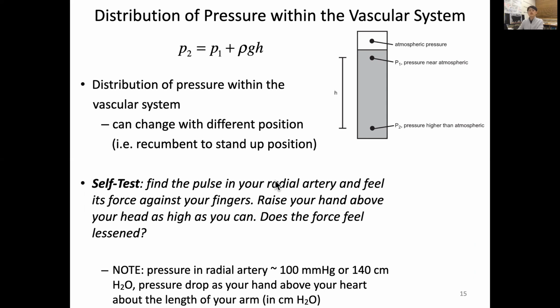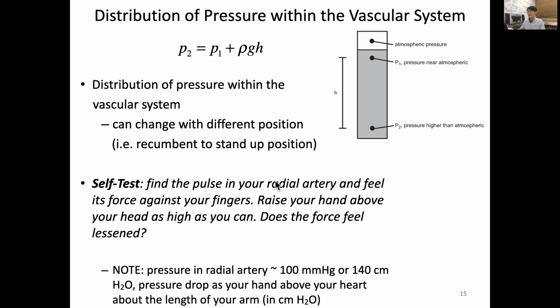Feel this pulse, and then try to raise your hand very high, like a meter high, and then feel the pulse, and then come back down. If you're sensitive enough, you may feel that the pulse is different. When you raise it, it's lessened.